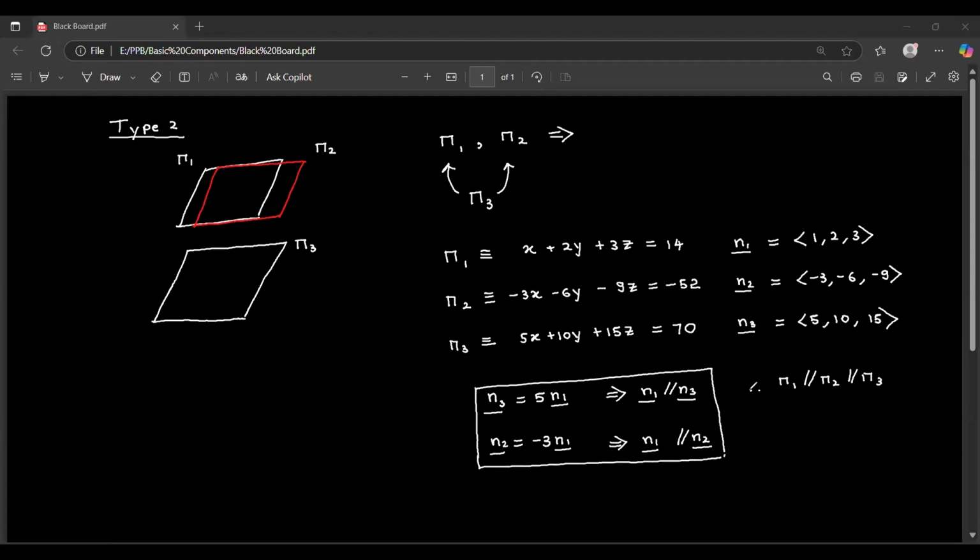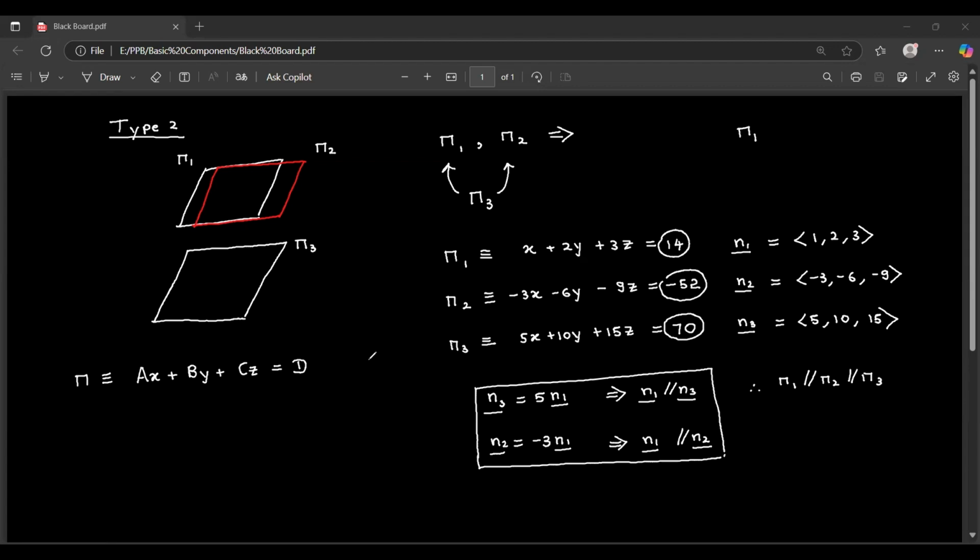Now what you have to do is check for the d value. That's all you have to do. So for pi 1, d1 is the d value. We normally say that a Cartesian equation of a plane is given as ax plus by plus cz is equal to d.